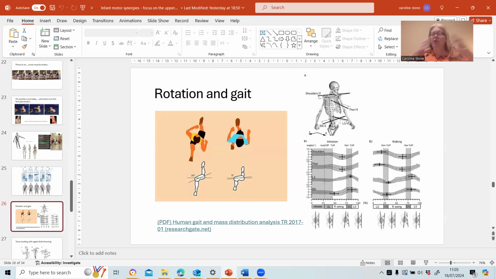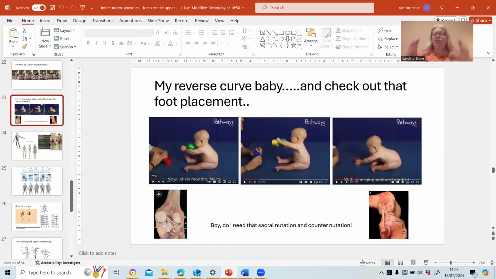And so there's a lot of hierarchy of movements so that you build that from trunk first, trunk limb, and then obviously standing. When you first stand, you sort of regress a bit because now the processing of bringing lower limbs in with trunk and upper limbs means that that's a lot more processing.